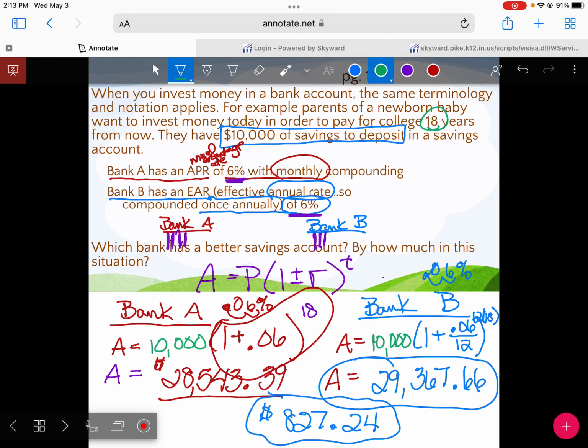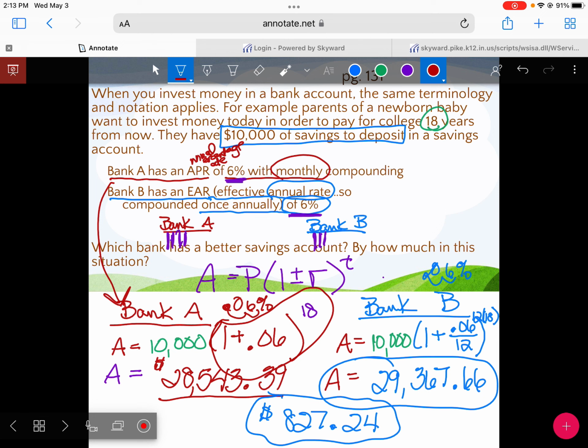I know. I see what I did. I was almost positive that Bank A won in the other one, but you guys didn't tell me. I did Bank A as the one doing it yearly, didn't I?